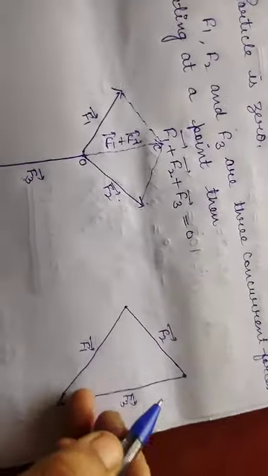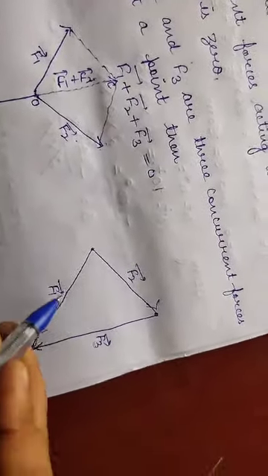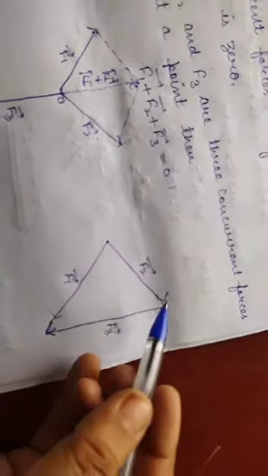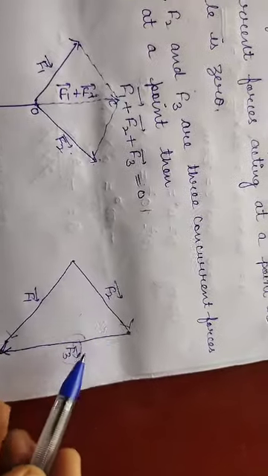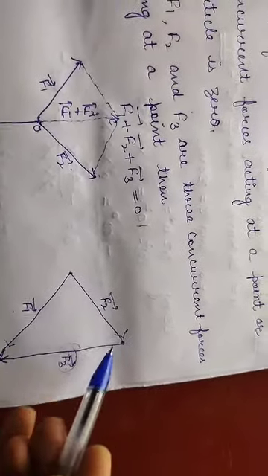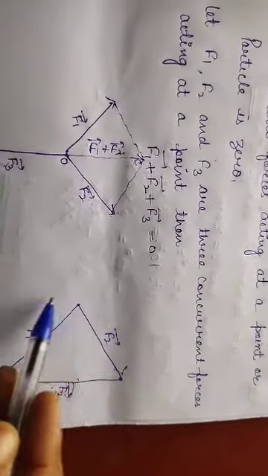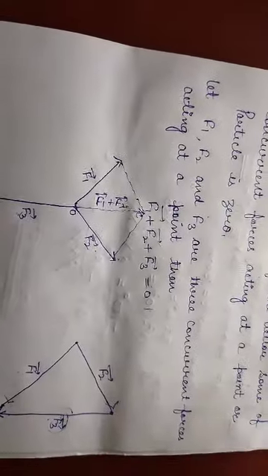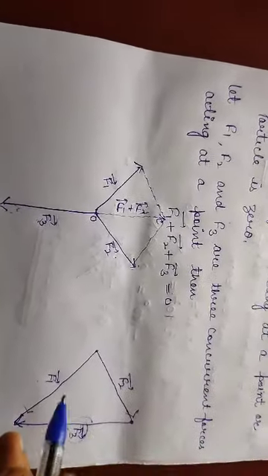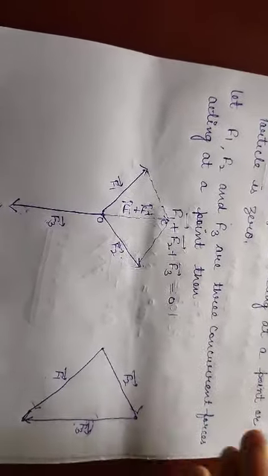These two forces F1 and F2 act in the same direction, and the direction of this other force is opposite. Again the sum of these forces is equal to 0, and the forces acting on this particle are called concurrent forces.